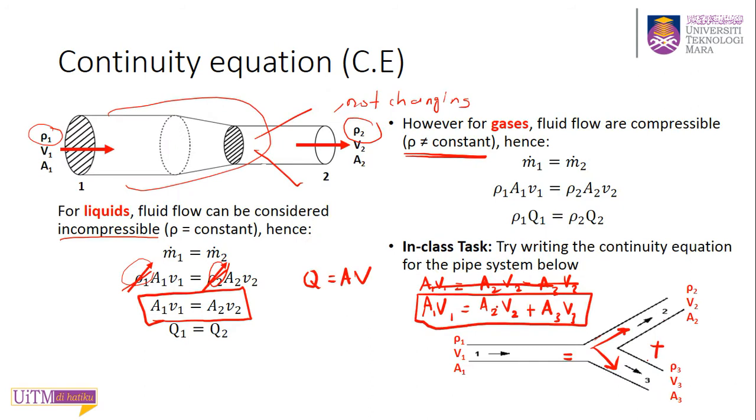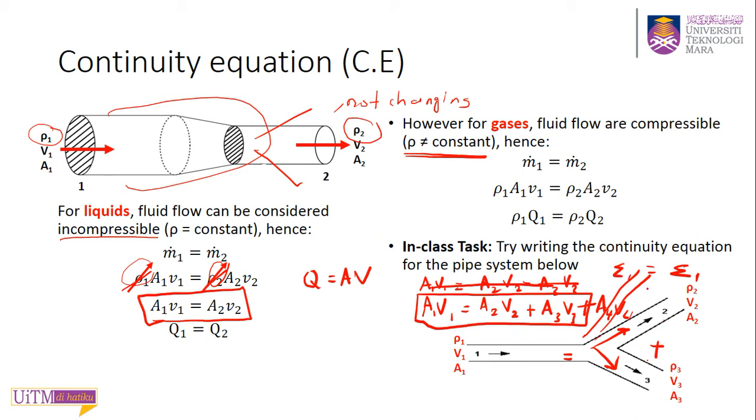So it enters here and splits in two, so the two branches need to be added to get the total that enters. If you have another branch here, just add another term, A4 V4, because it is the summation of outlet and inlet.